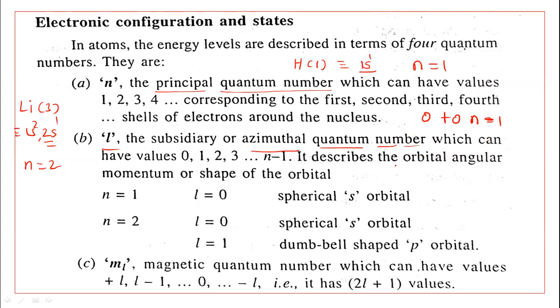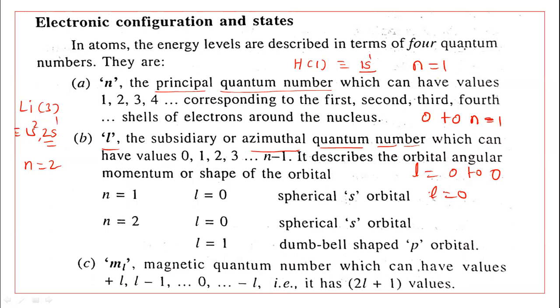For example, n equal to 1. Then the azimuthal quantum number has the value L equal to 0 to n minus 1. n equal to 1 here, so n minus 1, 1 minus 1, it is 0. Means only one value it is having, L equal to 0.